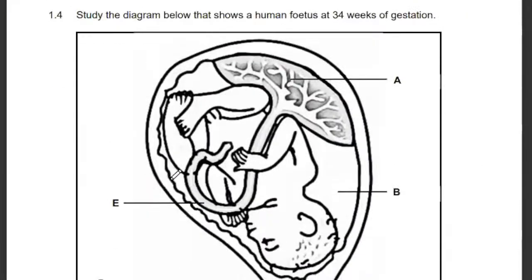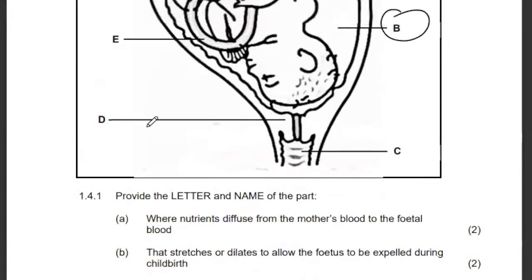Then when you come here, look at label A, what is the placenta, B is the amniotic fluid inside. Yes, the amniotic cavity, the fluid is there because the baby is still there. Then you have the umbilical cord, then the cervix, and then the vagina, sometimes called the birth canal.